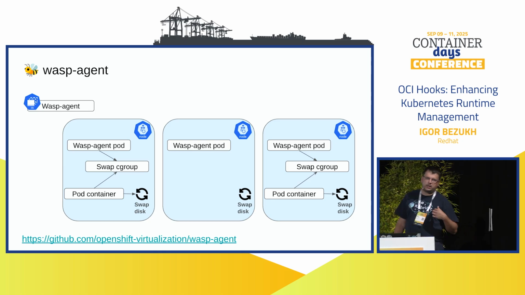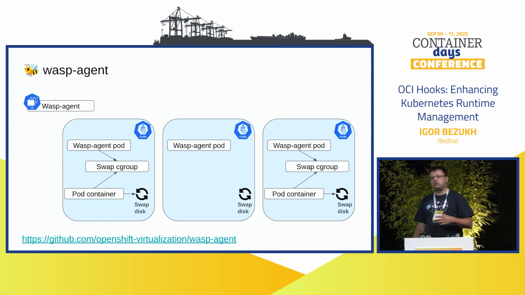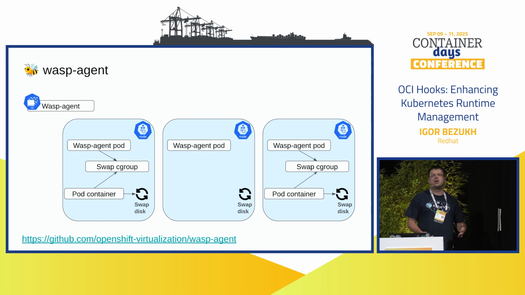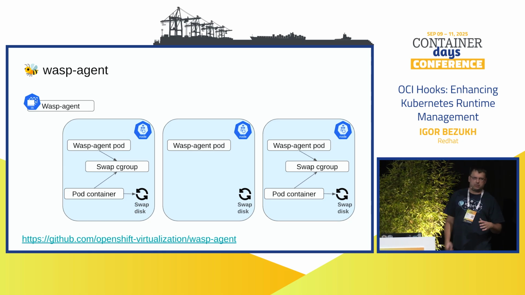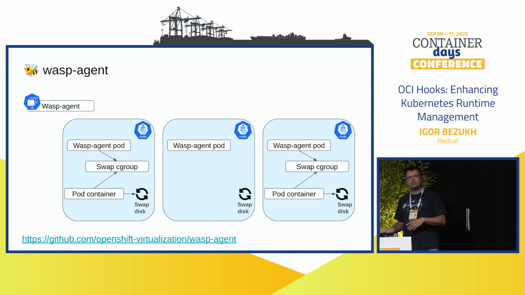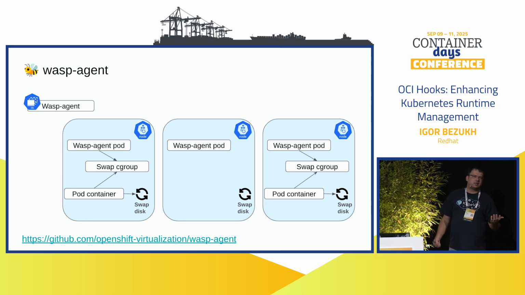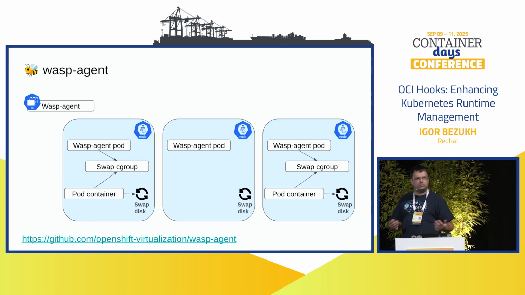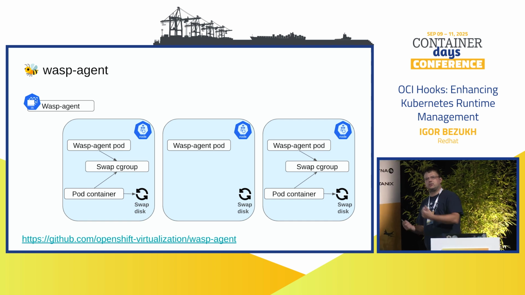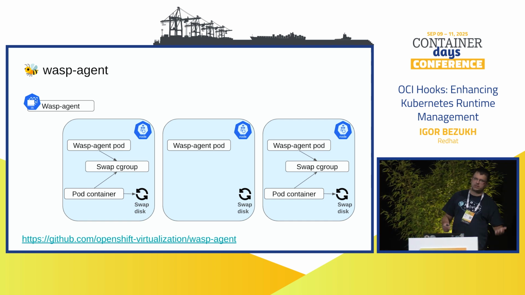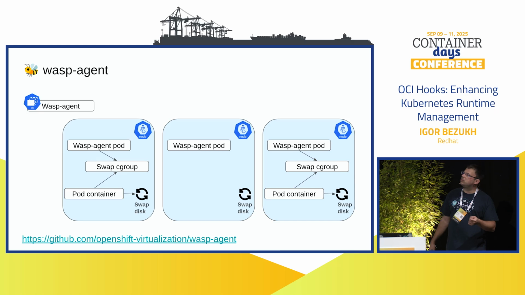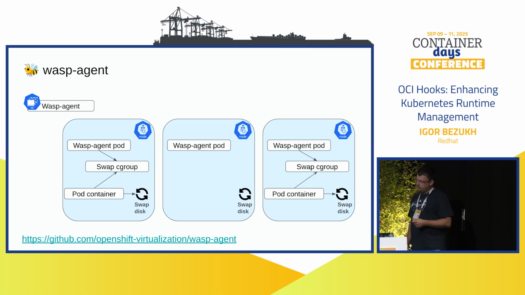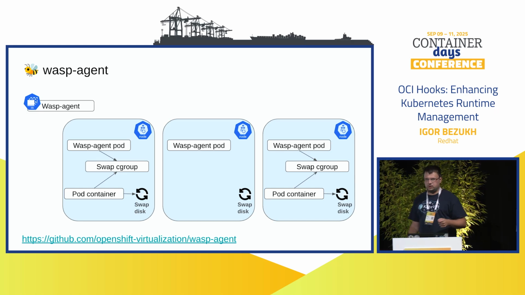But for our case, for OpenShift virtualization, when we run virtual machines inside pods, we do have some degree of predictability when we need to use swap and when we don't. And in legacy virtualization, swap was enabled, and virtual machines were using memory overhead, so obviously they had to do page in, page out, so it was taken into account. So we wanted to opt in for using swap in the pod that runs the virtual machine inside.